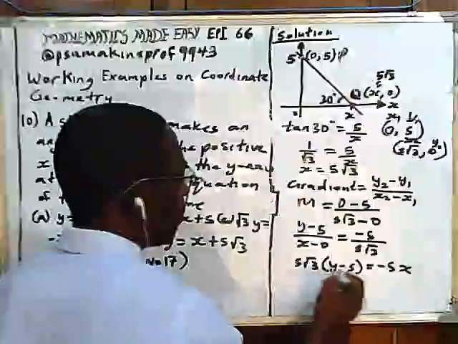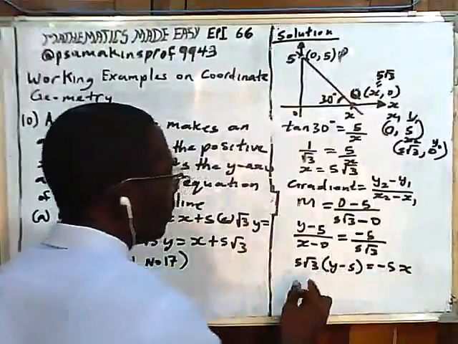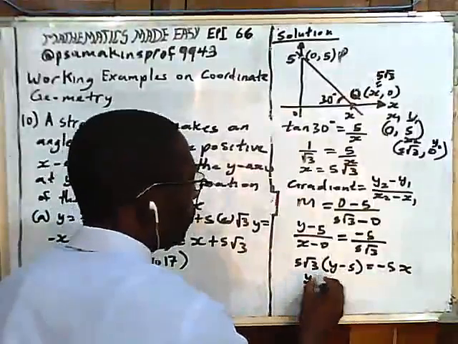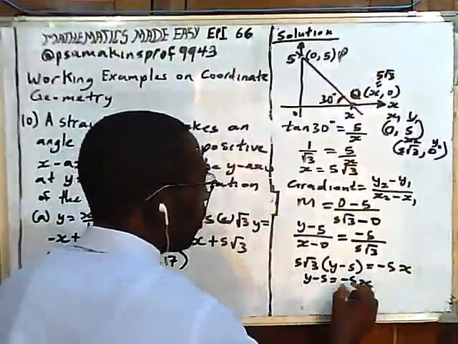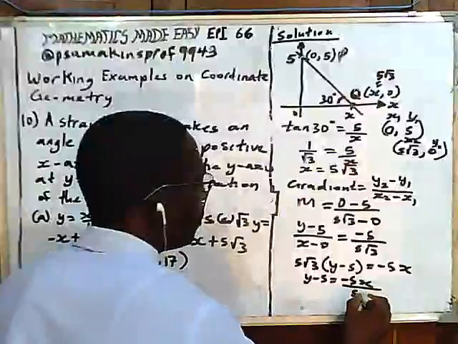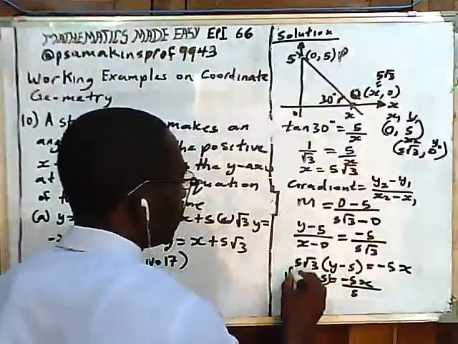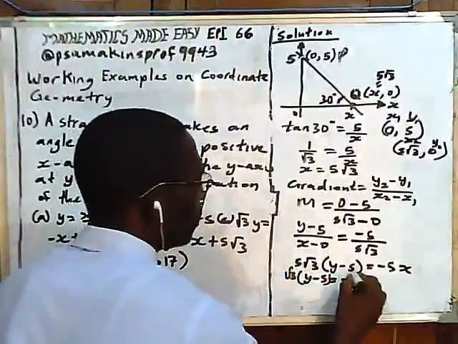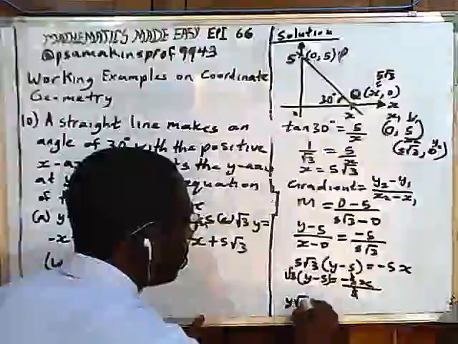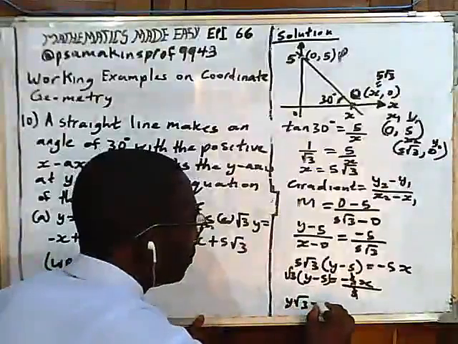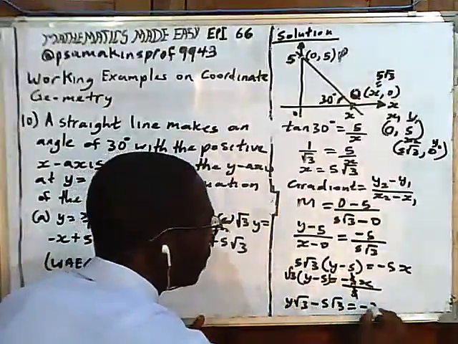If we look at this minus 5 of x, we can divide through and say that y minus 5 equals minus 5x all over 5 root 3. Let's leave root 3 here. So we cancel 5 and we can have y root 3 minus 5 root 3 equals minus x.